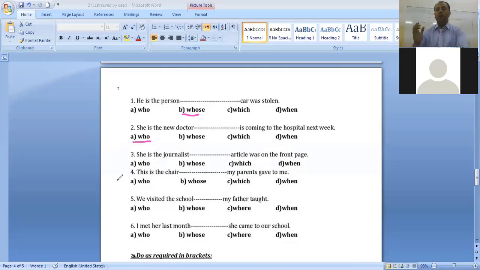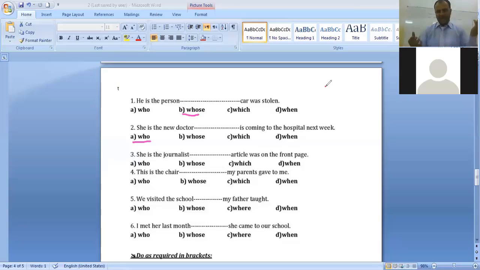Okay. Number 3. She is the journalist. Journalist, blank, article. Article, it's something she writes in the newspaper. Okay? She is the journalist, and then blank, and then article.